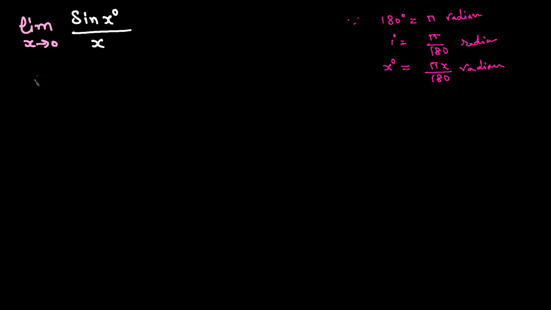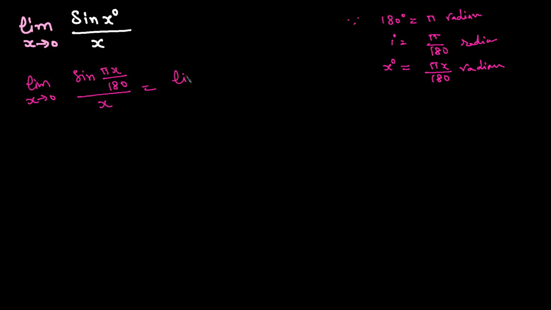So this can be written as the limit as x approaches 0 of sine of pi x over 180, over x. As we see, we want the same value in the denominator as we have in the numerator with the sine.